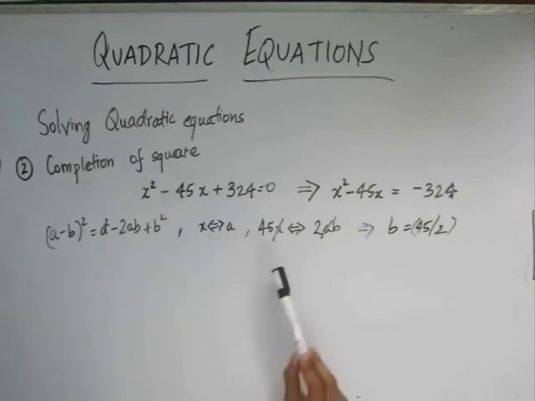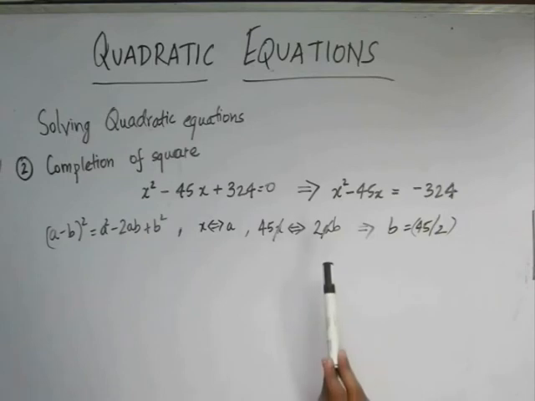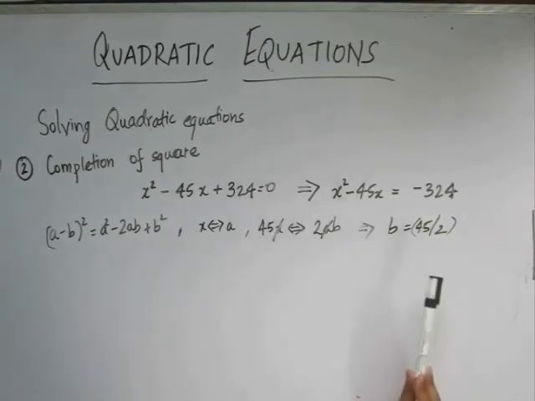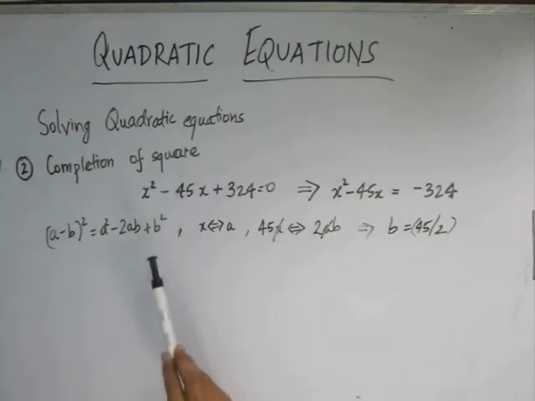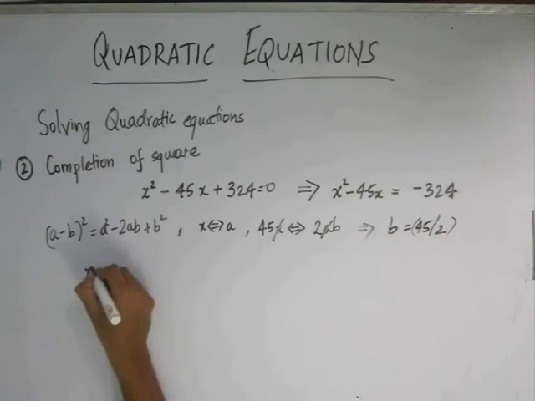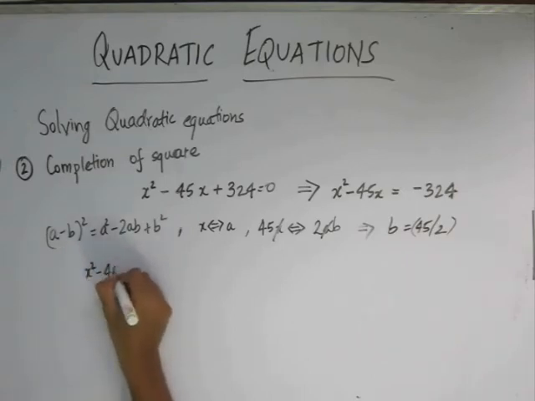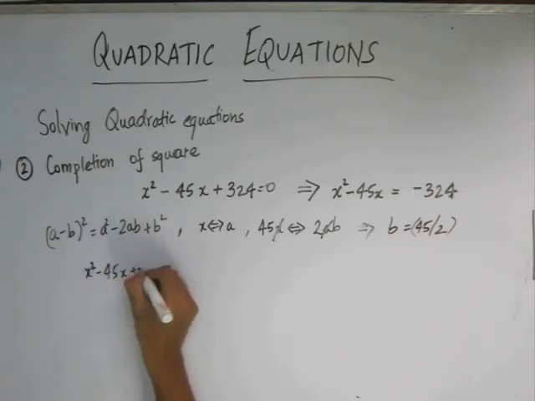So given that 45x is something like 2ab and x is equal to a, b gives me a value of 45 by 2. And so now I have to add a value of b square, that is 45 by 2 the whole square on the left hand side, and when I add it on the left hand side, it obviously has to be added on the right hand side as well.